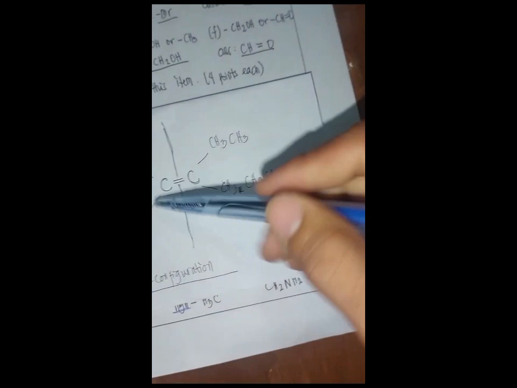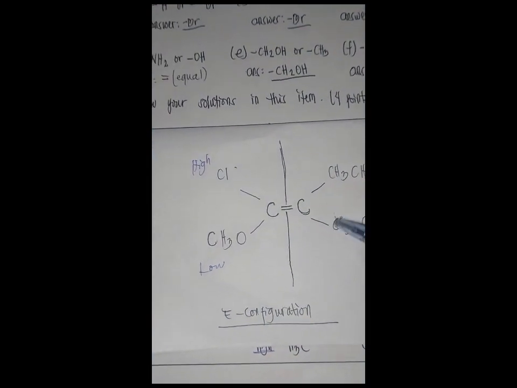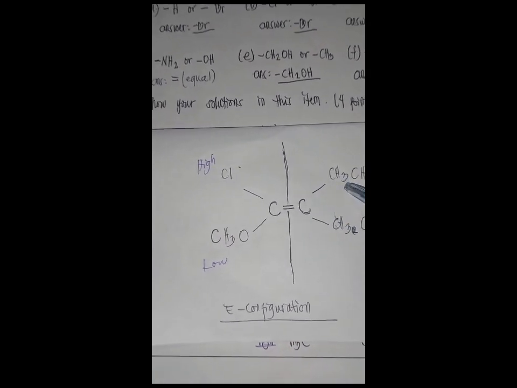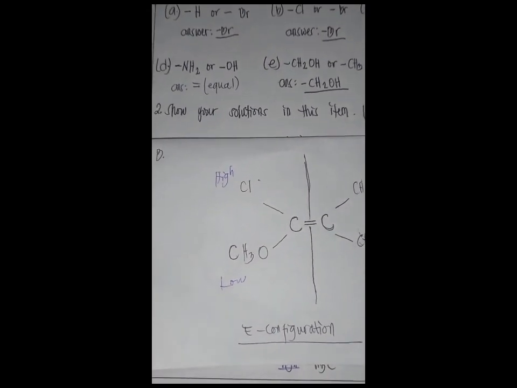So in the right side, CH3 carbon compared to carbon is the same. So let's move to the other elements. Carbon compared to H3. So carbon has a higher atomic number than CH3. So it sets that this will be high and here is low.